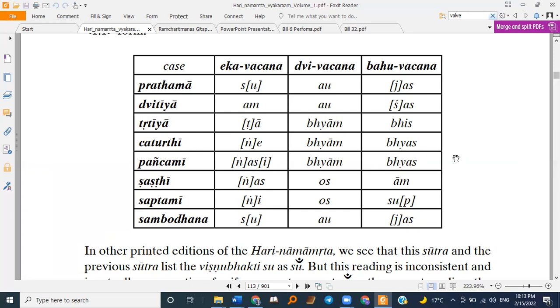Then how is Panchami Ekavachana, Prabhuji? Ngasi. So the one in the bracket is a Nga, like Ganga. Yeah. So I will explain that.